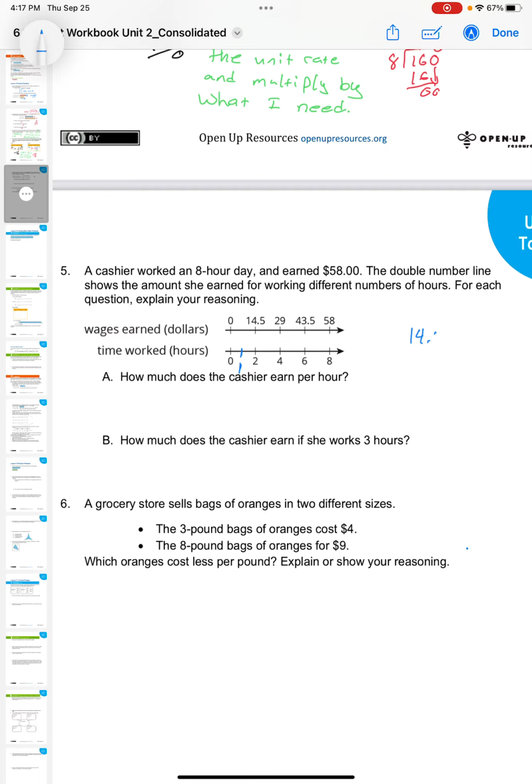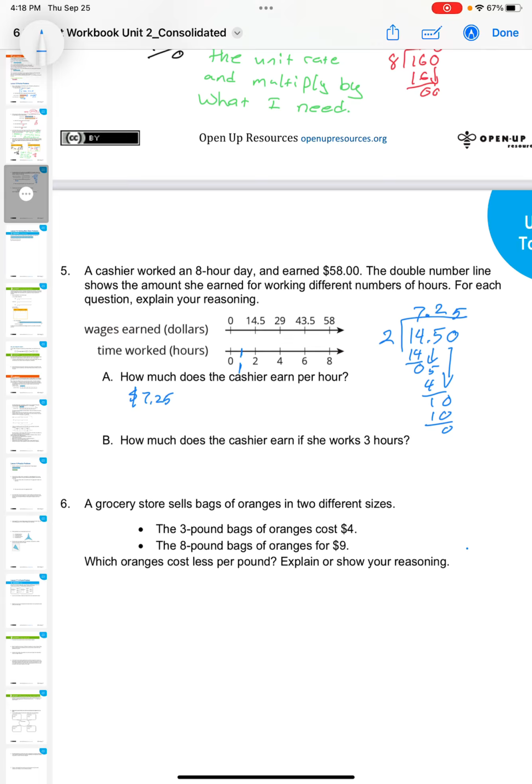So 14.5 divided by 2. Well, 14 divided by 2 is 7. 5 divided by 2 is, we bring down the 5, 2. With 1 left over, and 2 goes into 10 5 times. So it's $7.25.